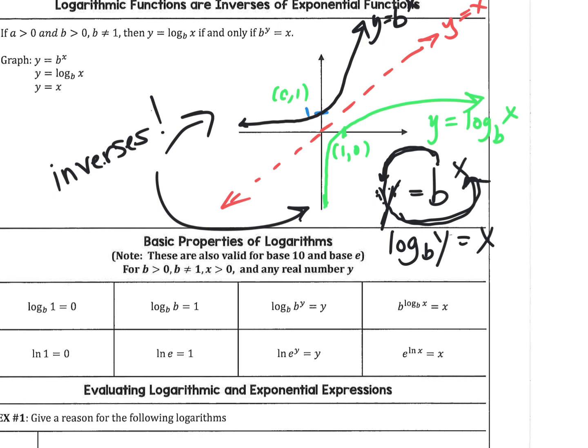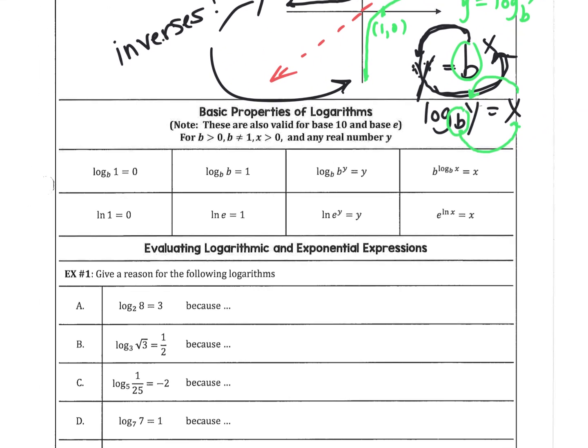The same spiral works if you have a log and you're trying to put it into an exponential. Watch. Start in the middle: b to the x equals y. So in both cases, we're starting at the b, spiraling across the equal sign, and then coming back. Do you see the spiral? I hope so. So why do we have to do that? You'll see.